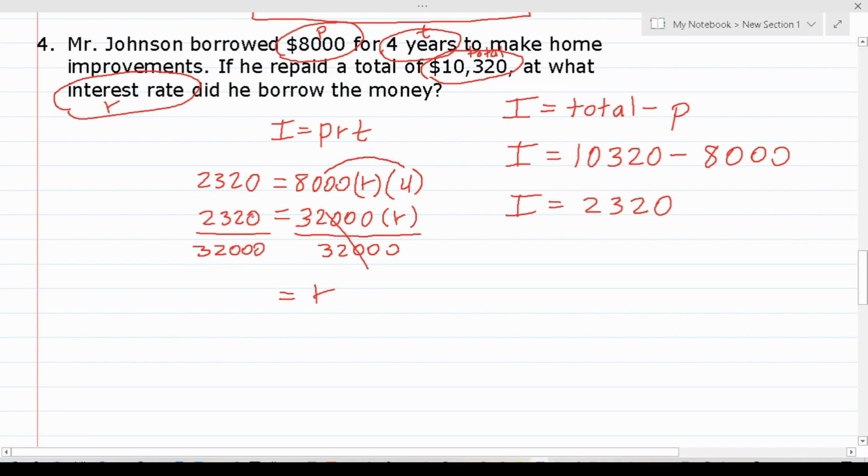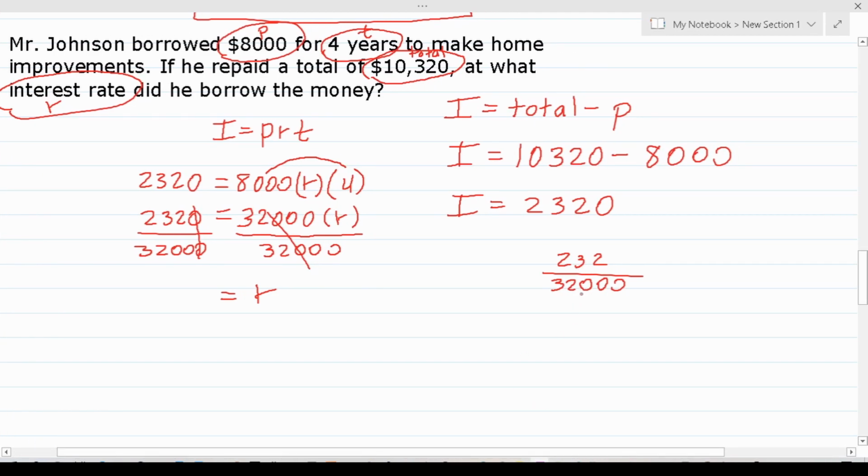We can reduce this a little further by crossing out these corresponding zeros to make that 232 divided by 3,200. But before I do this long division, I want to reduce this a little bit further. So I'm going to divide both the numerator as well as the denominator by 8. Again, I know, and this should be 3,200, not 32,000. One too many zeros there. Sorry about that.